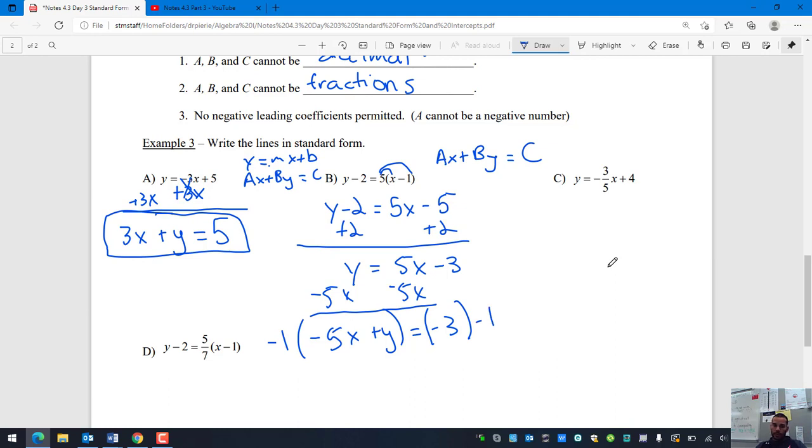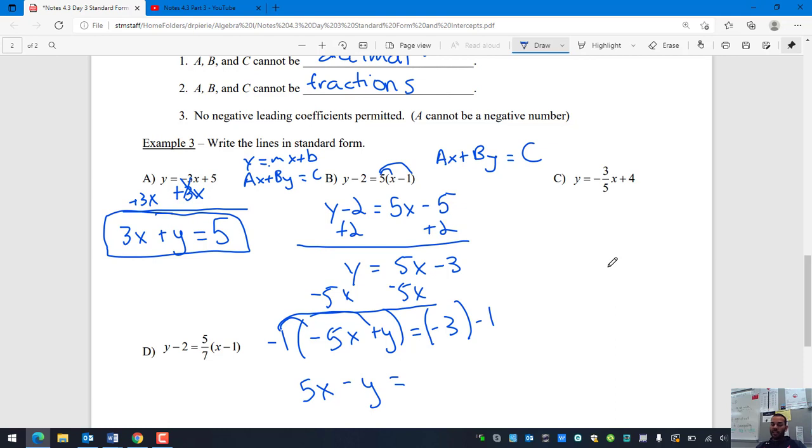So what happens here is this negative 1 distributes to both terms. I'll have negative 1 times negative 5x, and the negatives will cancel, and it just becomes plain old 5x. Negative 1 times positive y ends up becoming negative y, or minus 1y, so I'll have minus y.